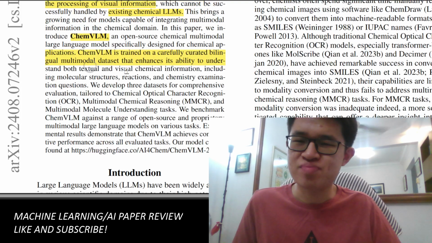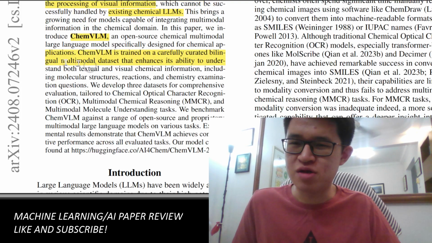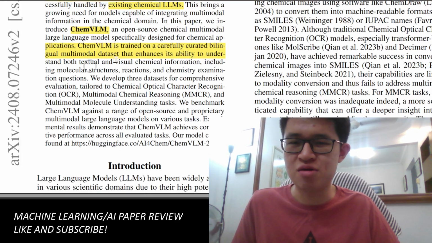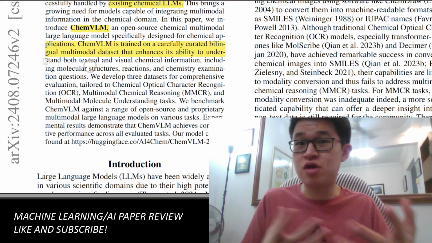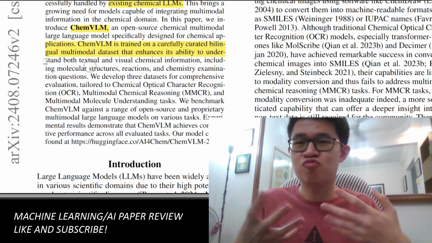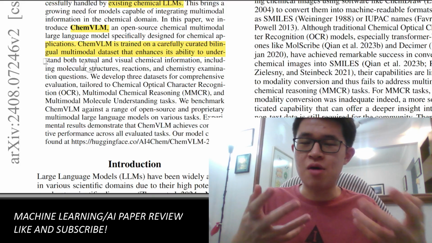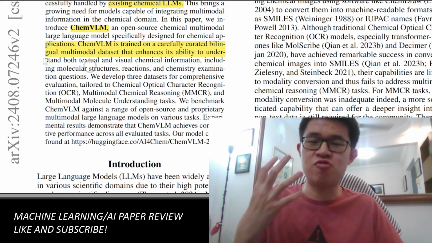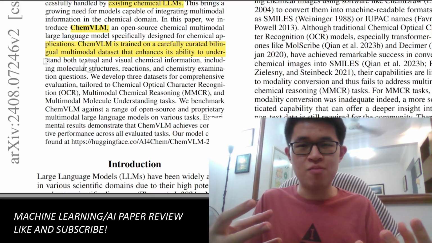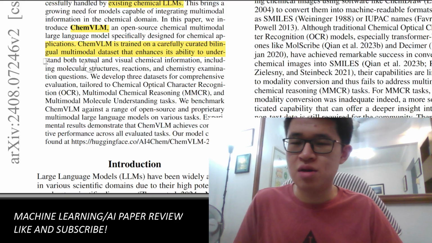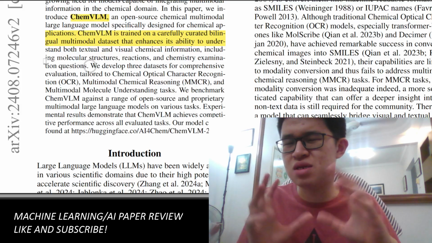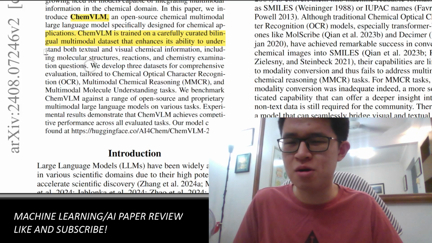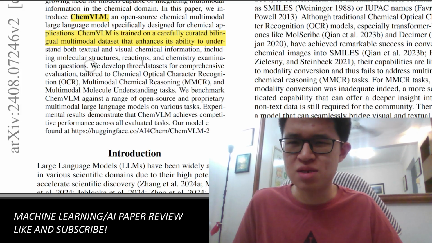I don't really know why the bilingual part has to be in there, but we shall see. It would be interesting if they show some results, which I think they will, about how the model performs for Chinese and how the model performs for English, right? But it's all about chemistry in that sense. So it's kind of a queer combination in that sense.